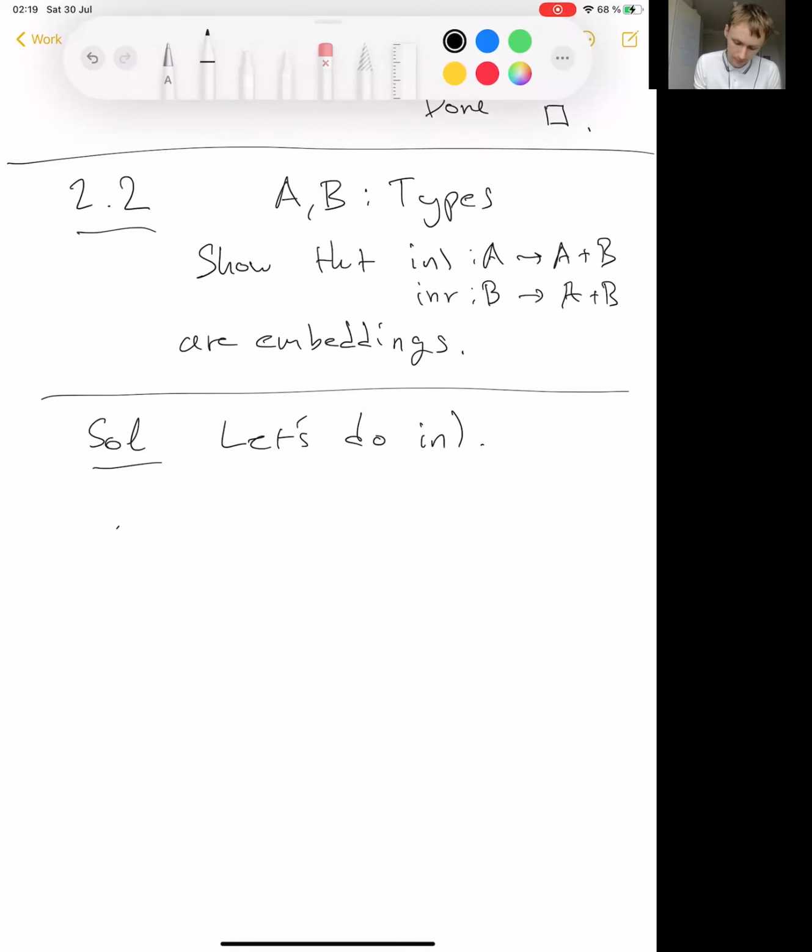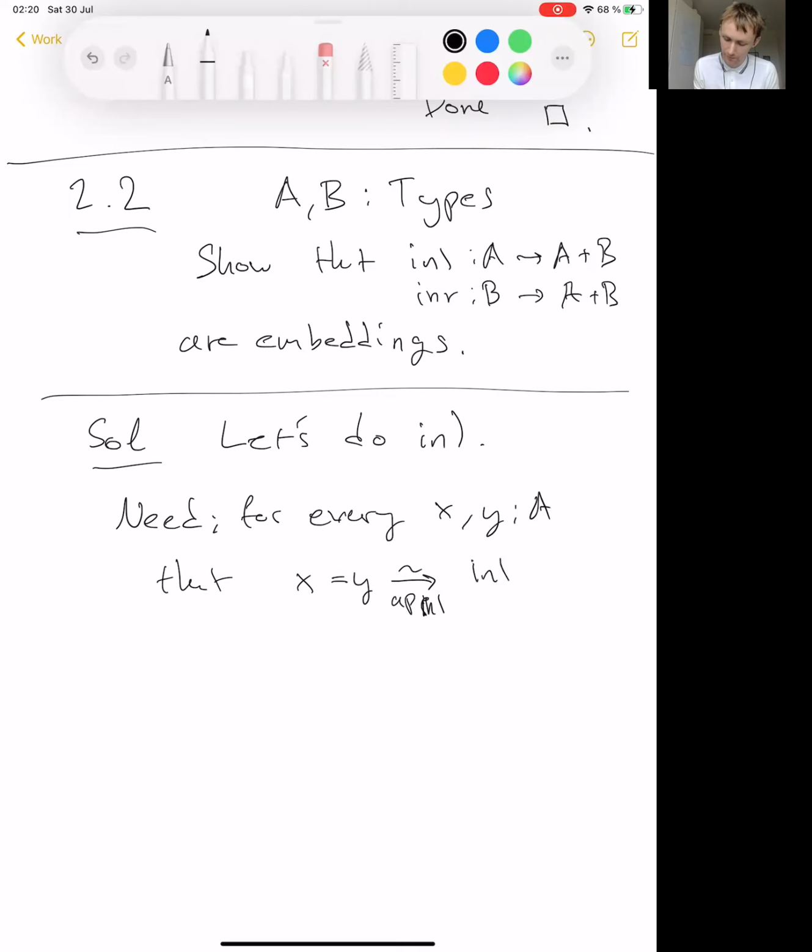Well, we need for every X and Y in A that X equals Y is equivalent, via app of in left, to in left X equals in left Y. Okay.